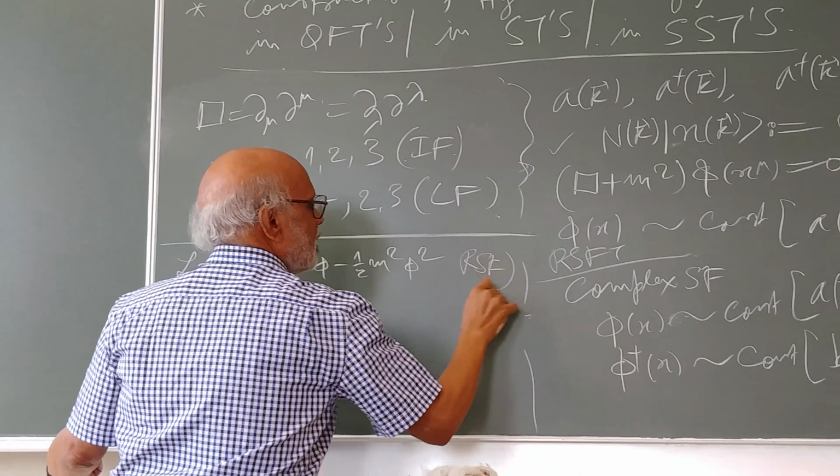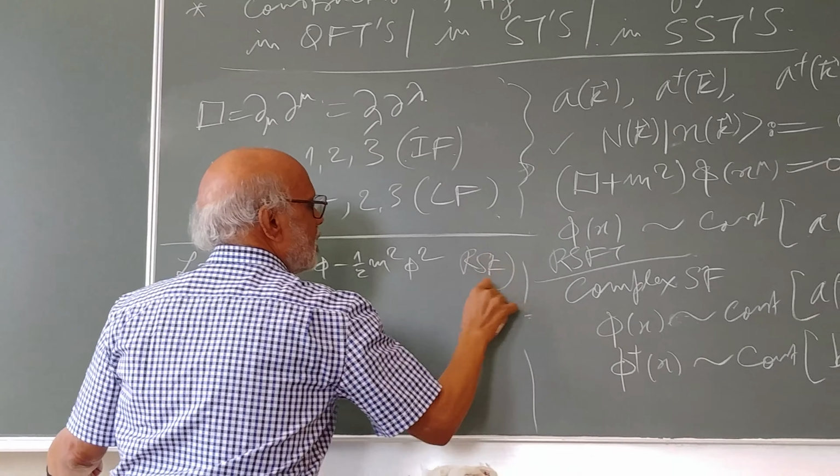Okay, one is the complex conjugate of the other. One is the complex conjugate of the other. So phi star or phi dagger, as you like.